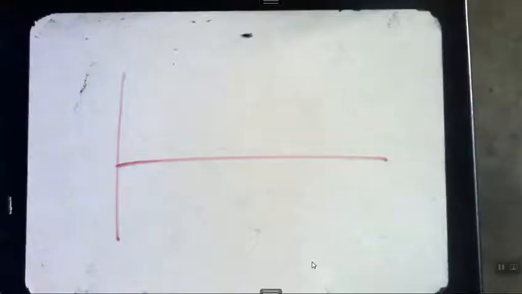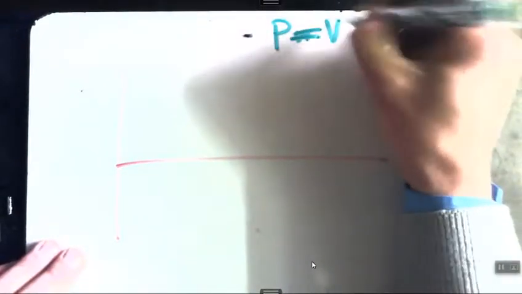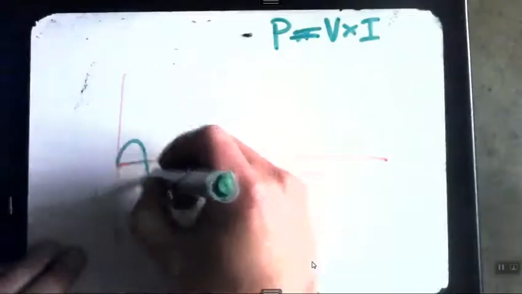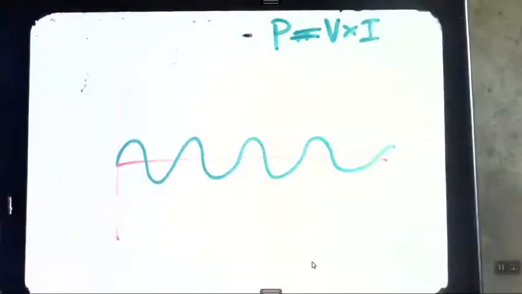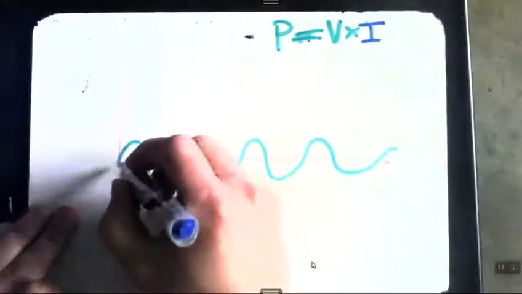To solve this problem, we calculate the root mean square current and the root mean square voltage. Now, what is the root mean square voltage and the root mean square current? When we multiply voltage times current to get power, let's say that's my voltage and that's my current.